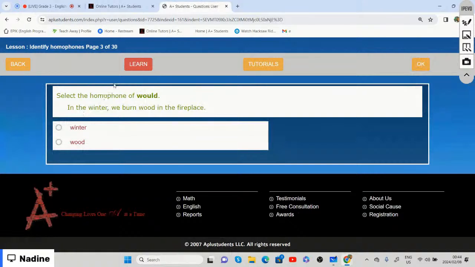And then we need to select the homophone of wood. WOULD, wood. So the word that sounds the same as wood, but the meaning and the spelling are different. In the winter, we burn wood in the fireplace. So wood, is it the first word winter or the second word wood?